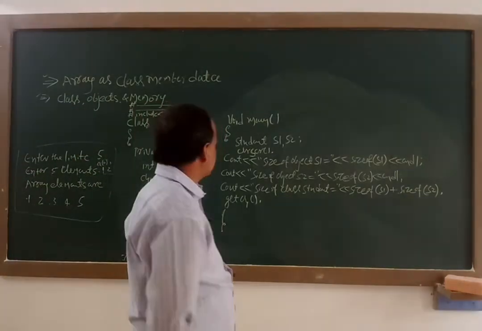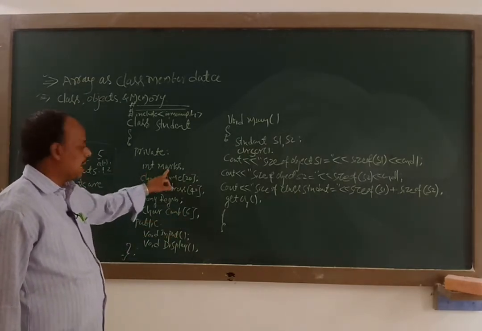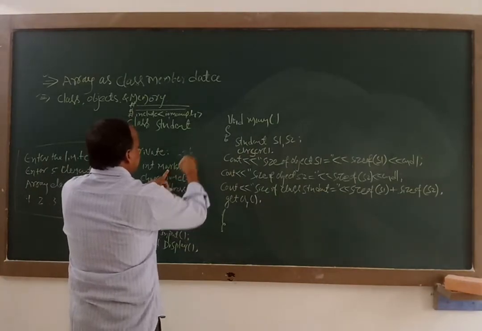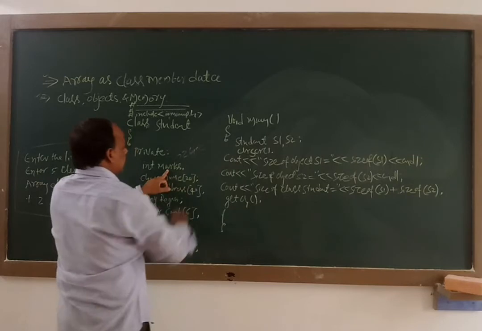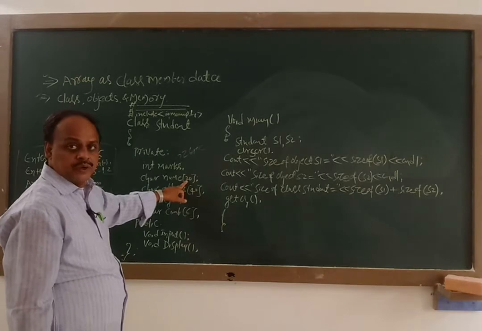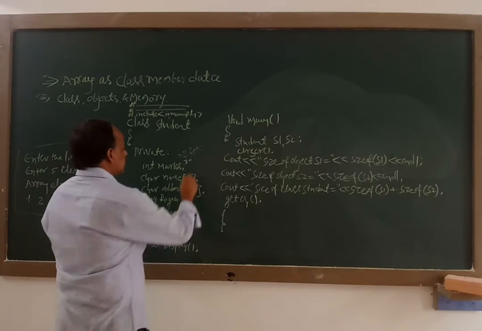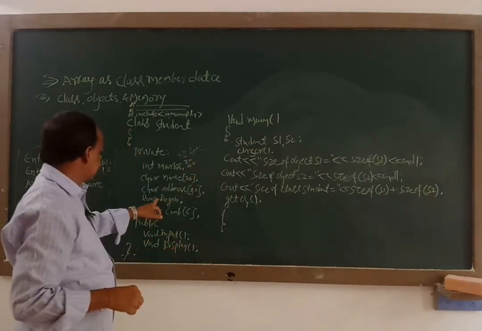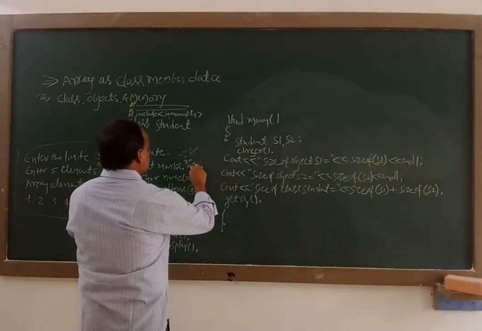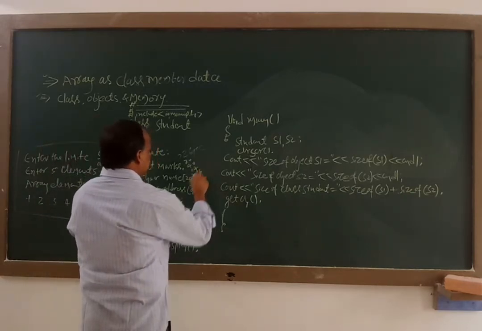Now see here what happens. We declared int marks, an integer variable. How much memory is allocated? 2 bytes of memory are allocated. For the character array name of 20, 20 bytes are allocated. Address of 40 means 40 bytes of memory are allocated. Register number, a long, means 4 bytes are allocated. Combination of 6 chars means 6 bytes are allocated.